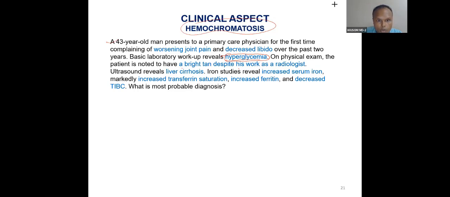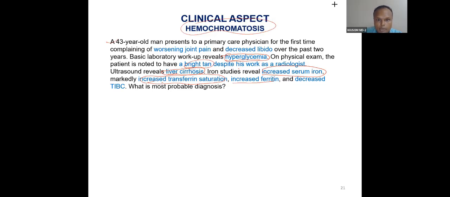Ultrasound reveals liver cirrhosis. Note this very important point. Then there is increased serum iron, and transferrin saturation is also increased, and ferritin is decreased.